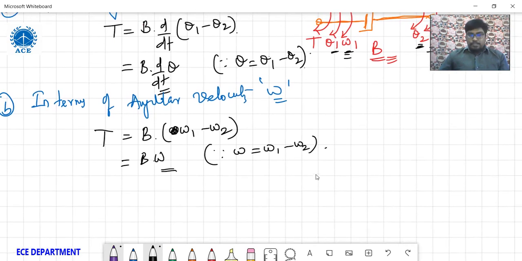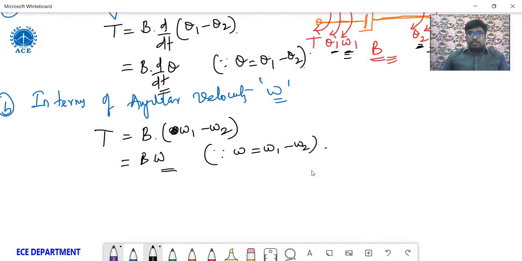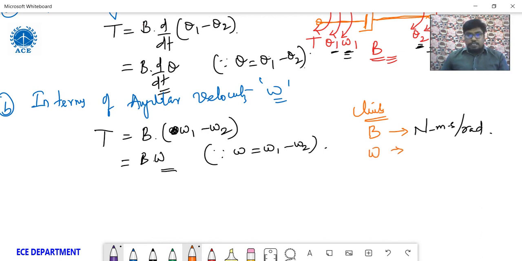Now I would like to write the units of the damping element. The damping units are Newton meter second per radians. And you know all these values.